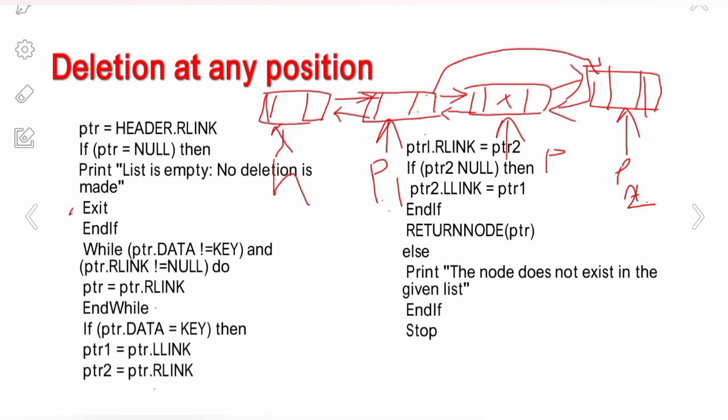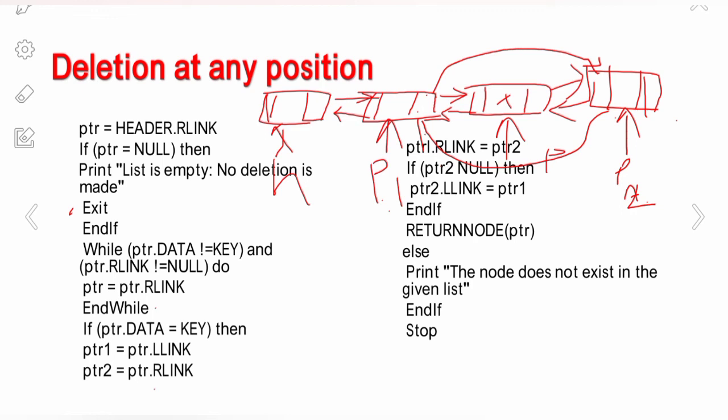And then if pointer 2 equals null, because it is at the end of the linked list, then we have to link the left link of pointer 2 to pointer 1. Here this condition is satisfied, so we connect the left link of pointer 2 to the right link of pointer 1. Now we return the pointer node to the memory manager.